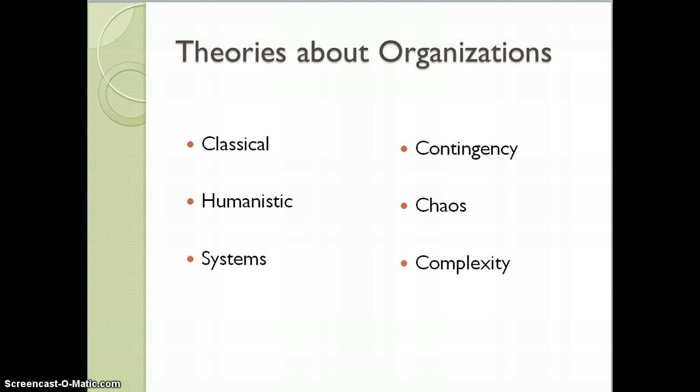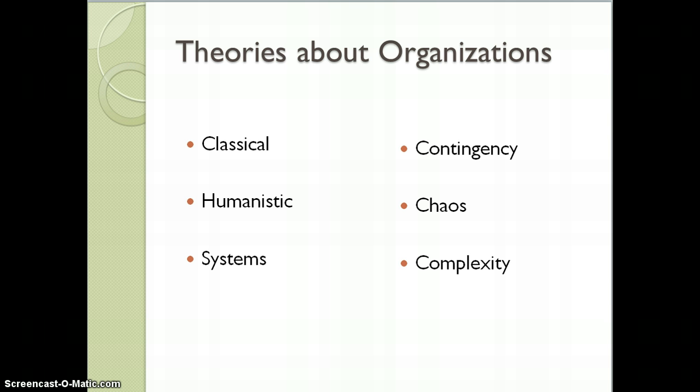Then there's complexity theory. Complexity theory is probably one of the newest theories, and it really is based on a lot of the similar concepts as chaos theory. It really says that organizations aren't merely linear structures, but that they're very, very complex.